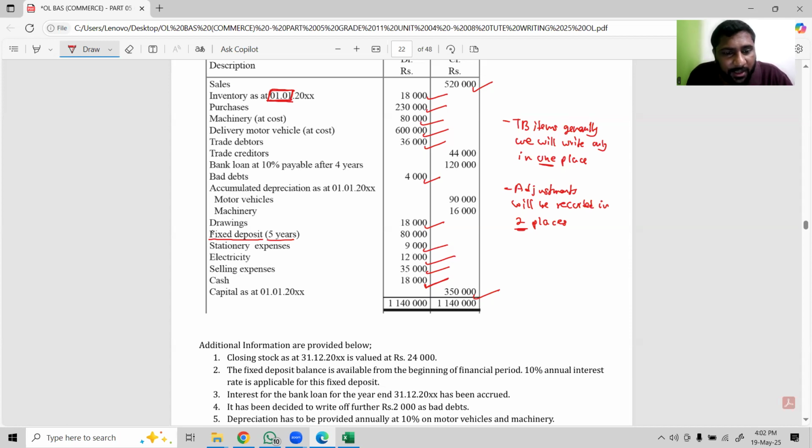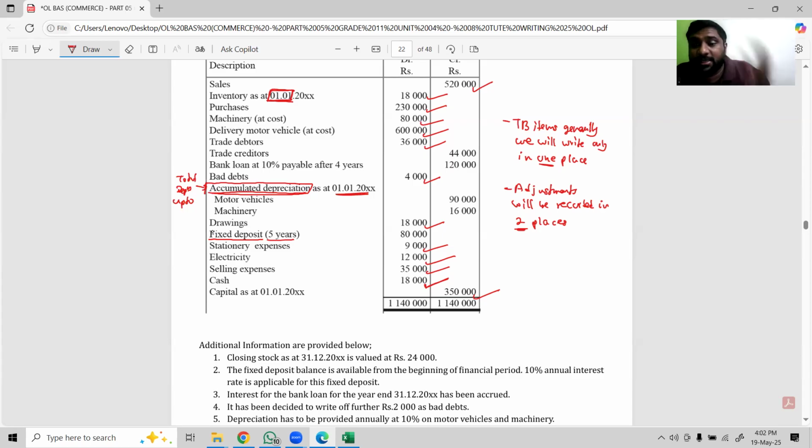Here they have given the accumulated depreciation. What is the meaning of accumulated depreciation? I taught you. Total depreciation up to this particular day, the beginning of the year.